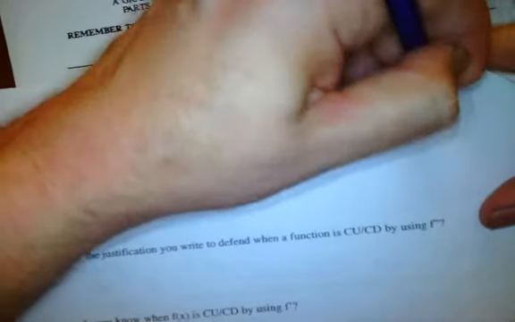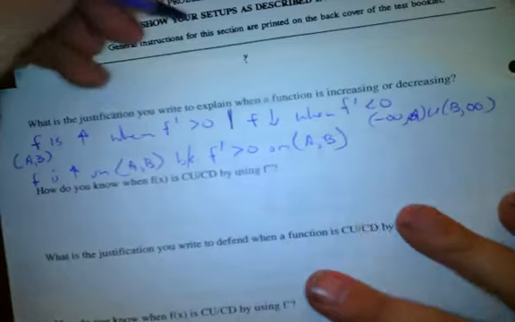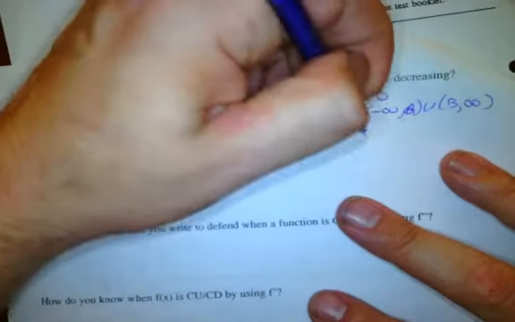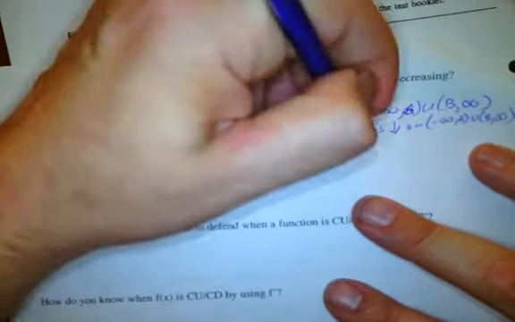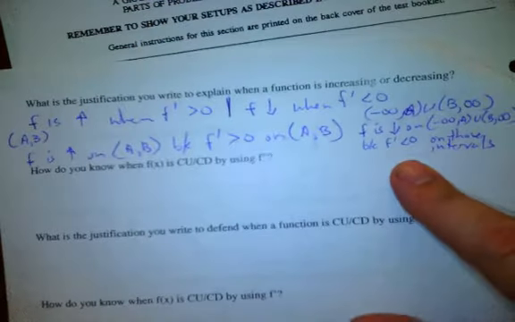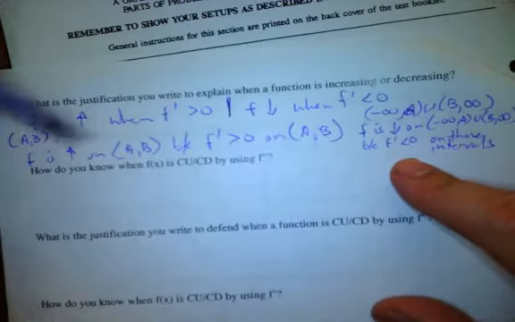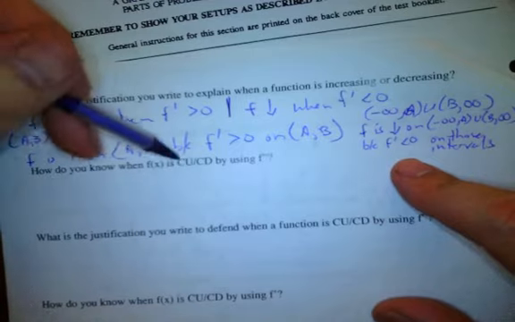And so if my function was decreasing on negative infinity to a union b to infinity, I might then write f is decreasing on negative infinity to a union b to infinity because f prime is less than 0 on those intervals.